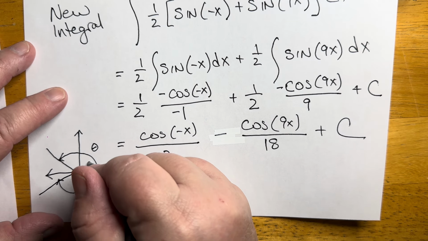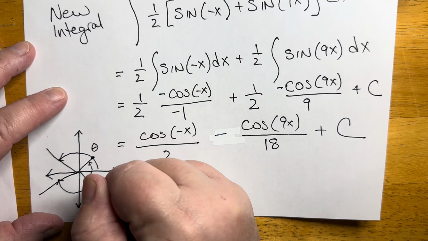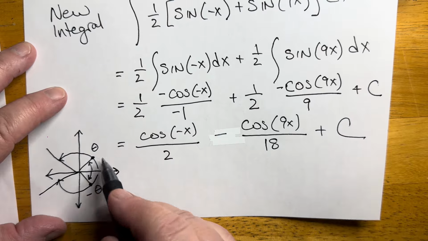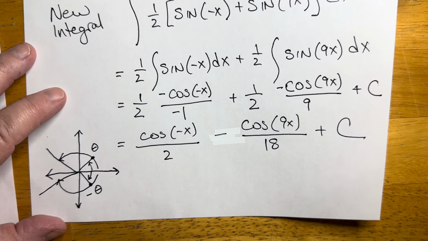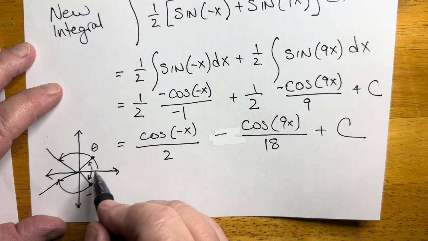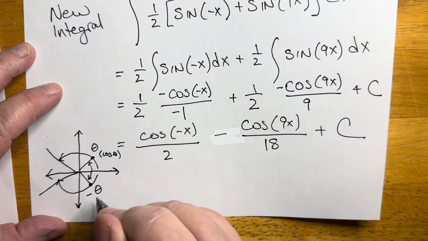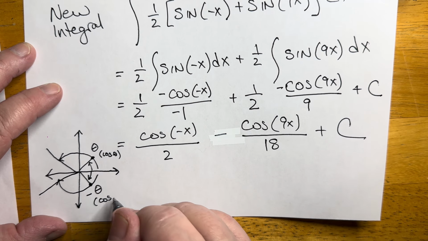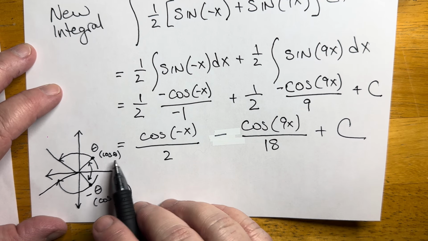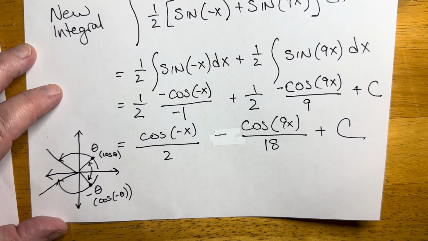If you go up versus if you go down, notice that because of the way that the angles are set up, because of the way the unit circle is set up, and because of the fact that cosine is the x coordinate, notice that cosine of the opposite of an angle is equal to cosine of an angle.